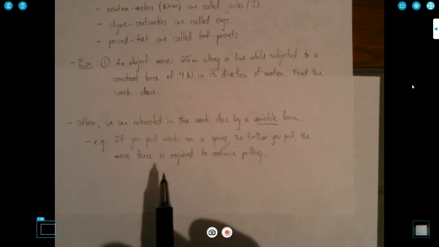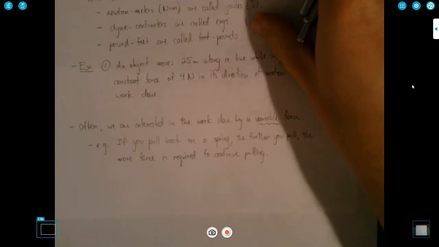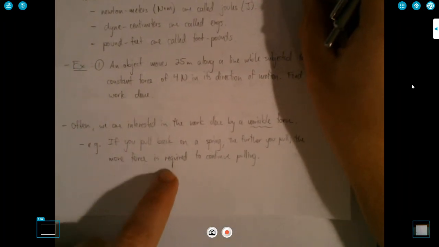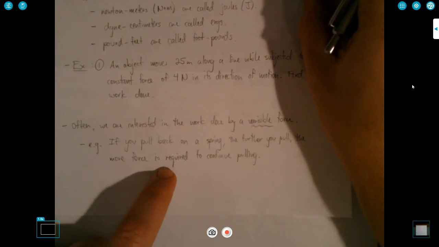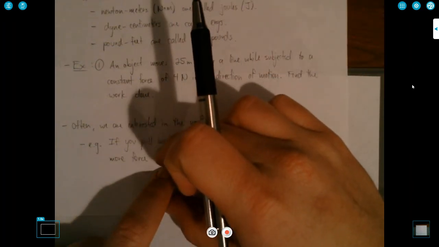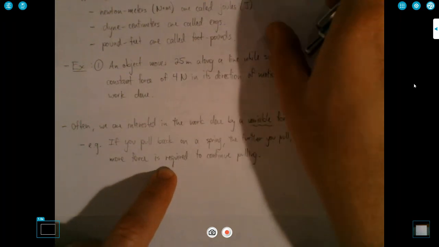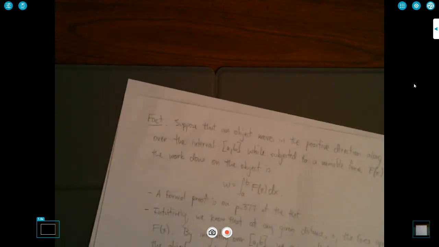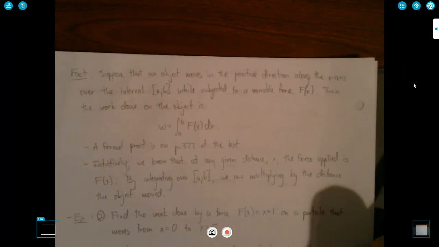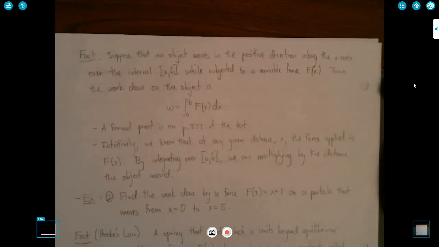The further back you pull, the more force is required to continue pulling. So the question is, how would we calculate the work required to move a spring from its equilibrium position back to a certain distance from equilibrium? So that's going to require a variable force. So how do you calculate the work done in making that movement?